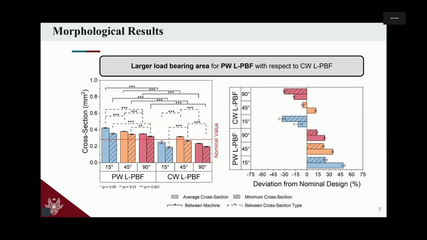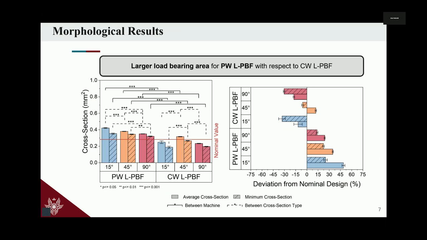You can clearly see that there are some statistically significant differences between the continuous and the pulsed wave. Basically, the pulsed wave specimens report a higher load-bearing area with respect to the continuous wave specimens. In general, the continuous wave laser powder bed fusion specimens are below the nominal values, while the pulsed wave are usually above these nominal values of 670 micrometers.